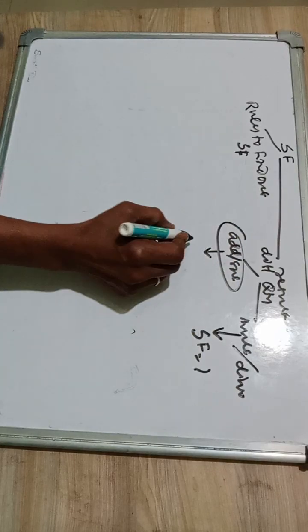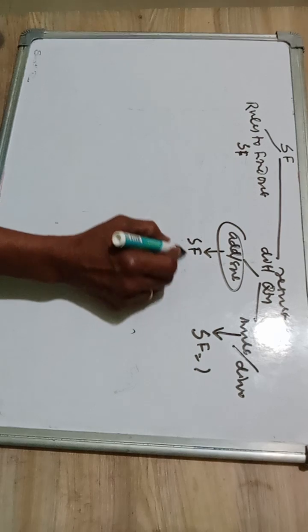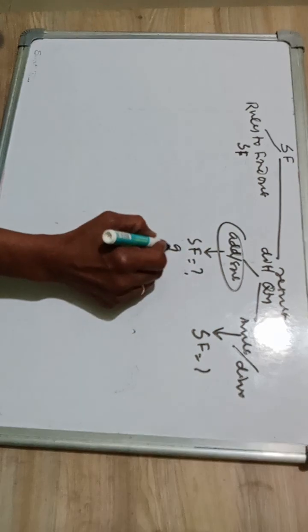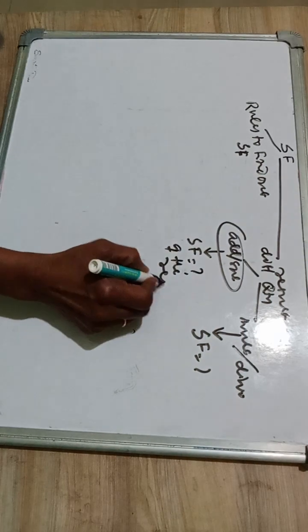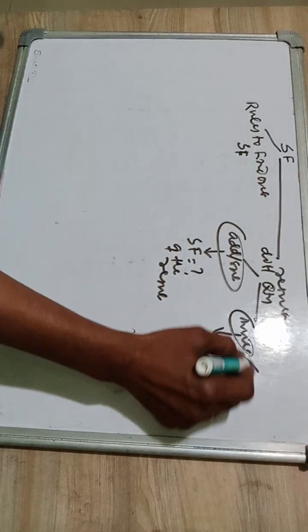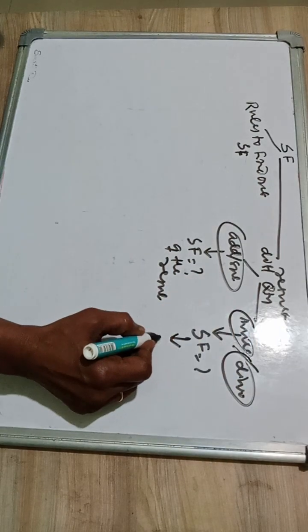If two quantities are added, what will be the significant figure of the result? If two quantities are multiplied or divided, what is the significant figure of the result?